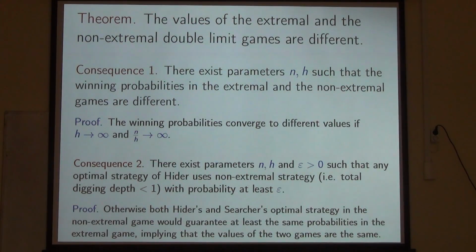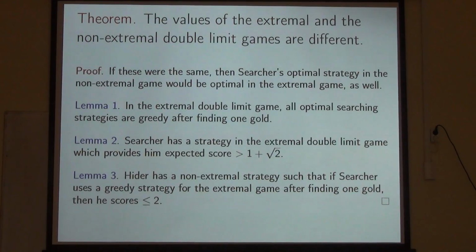So after a while, they must be different. And if the values are different, then it can only happen if the hider uses depths summing up to less than 1 with positive probability.